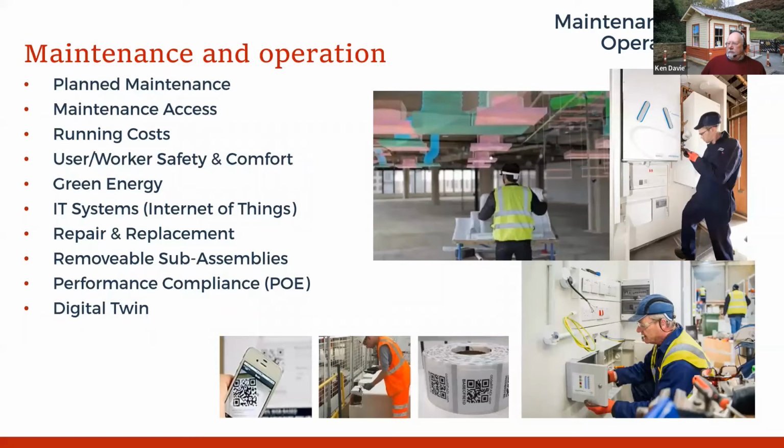So the emphasis here is to encourage designers to think about planned maintenance and maintenance access. With OSM, from a building perspective, the tolerances are far tighter than they are for, say, site construction.